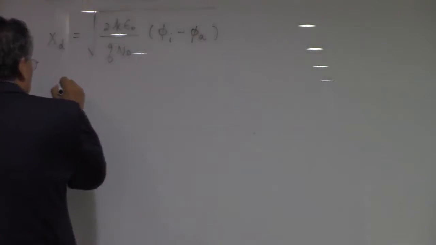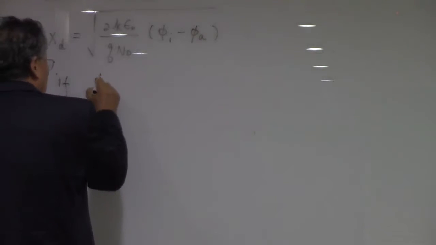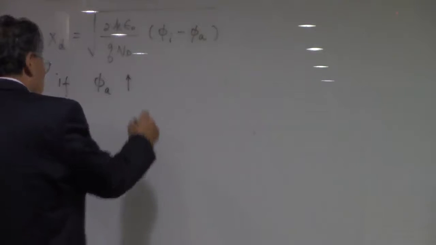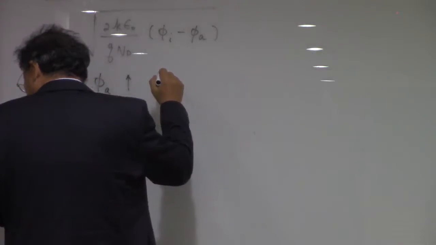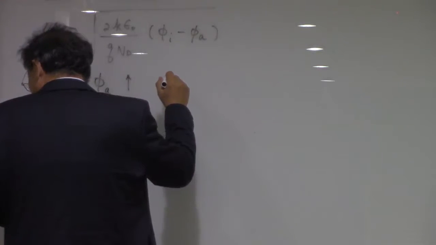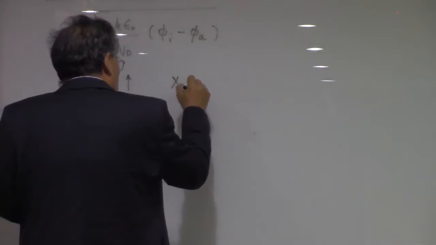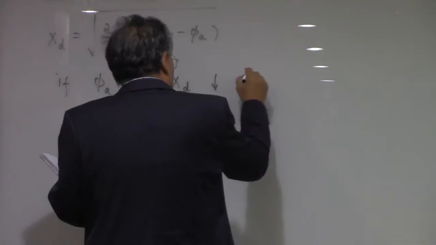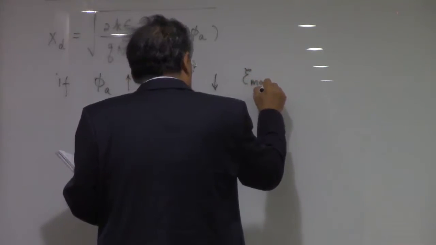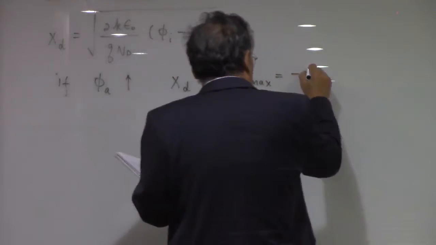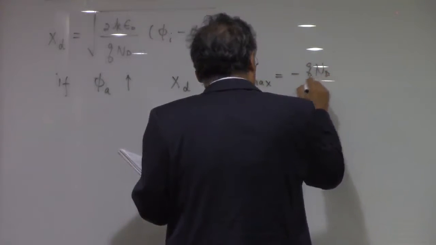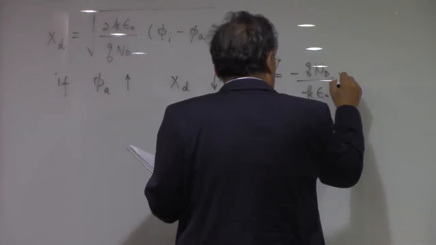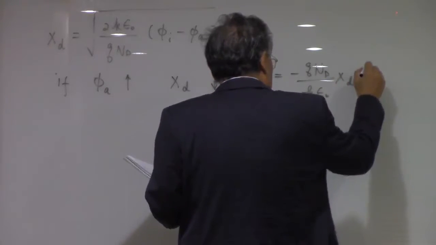So if phi_A is increased, then this XD is going to decrease, and E_max, which is Q N_D over K epsilon naught times XD, is going to increase.